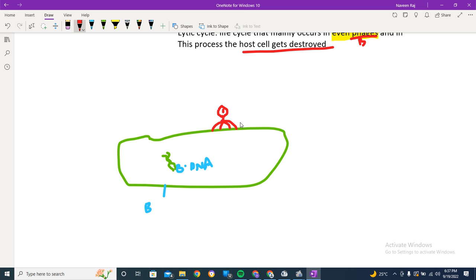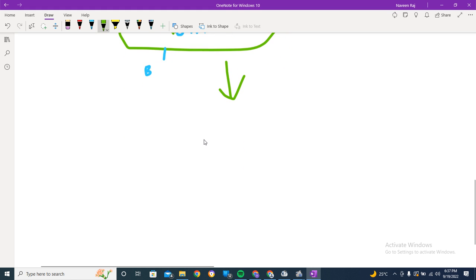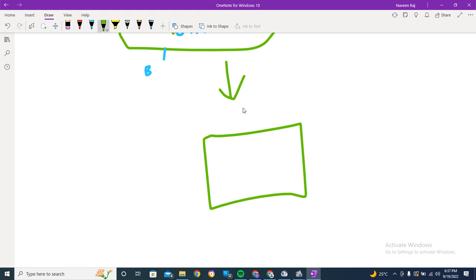The second step is, let me show you. This will be like this, going in like this, and now the penetration takes place.